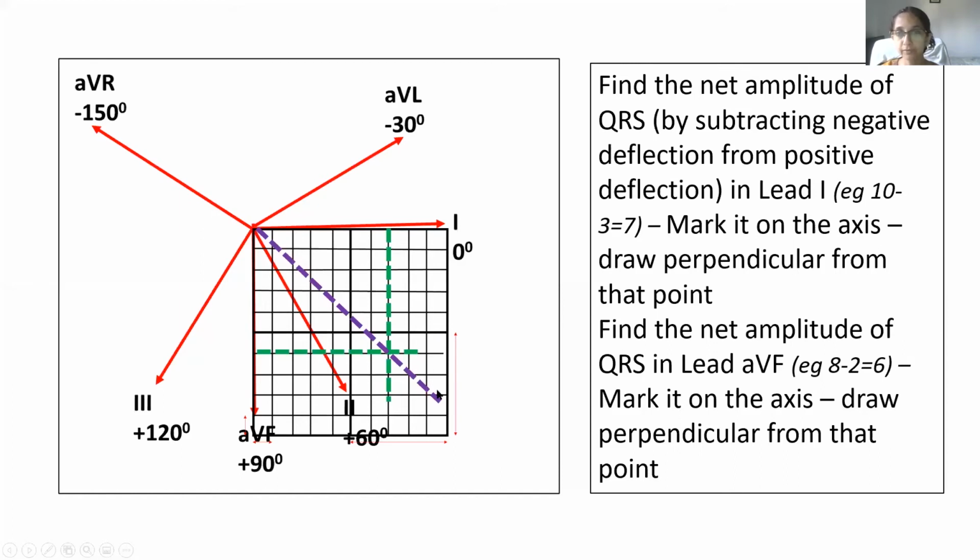So generally, if it is positive in 1 and AVF, I know it is in the left lower quadrant. That is a gross understanding. But if I want a finer understanding of the QRS axis, this is how I can plot. I also know that if my vector is across this direction, it's going to be maximum positive deflection in 1. But if it's perpendicular, I'm going to have an equiphasic deflection in lead 1.